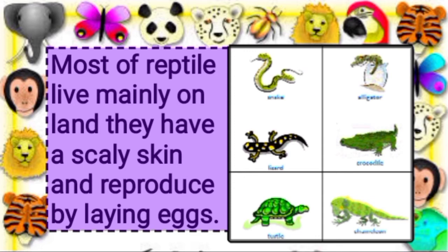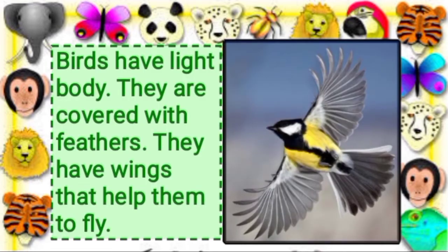and they are cold-blooded animals, which means that their body temperature changes with the change in the temperature of their surrounding. Now let's understand about features of birds.